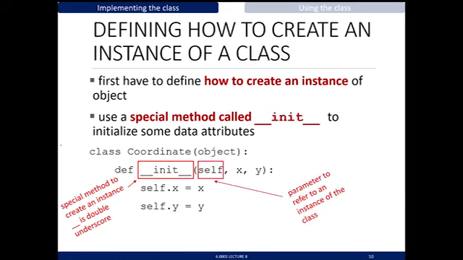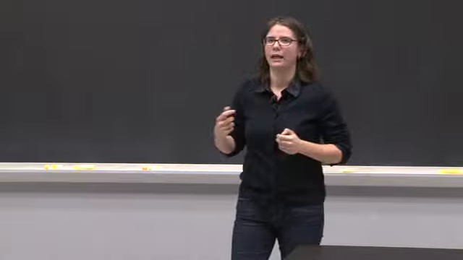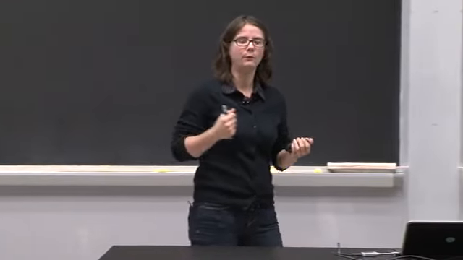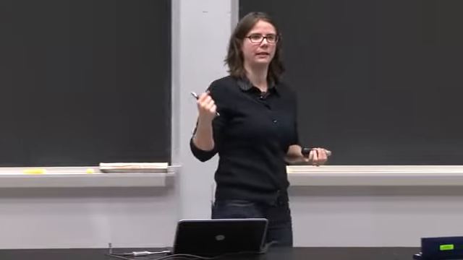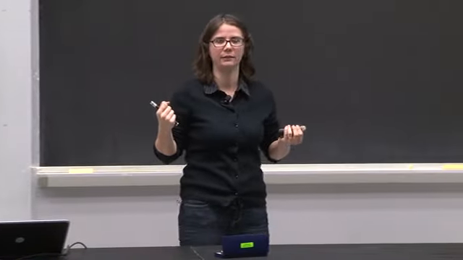This self, however, is a little bit trickier. The self is going to be a parameter, when you define this class, that represents a particular instance of the class. We're defining this coordinate object in a general way. We don't have a specific instance yet because we haven't created an object yet.